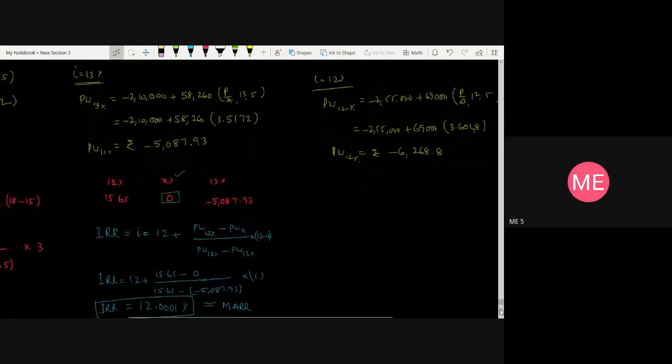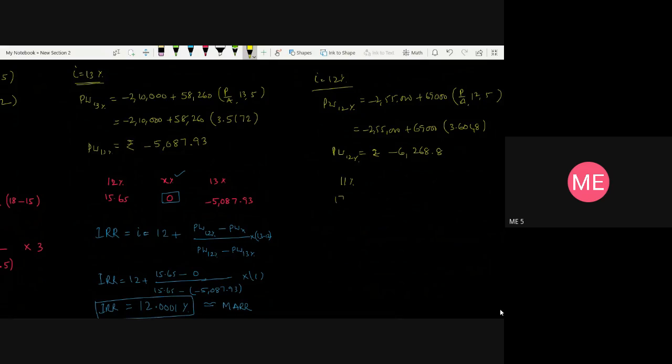So at 11%, we have got 17.1. At X%, we don't know what X is, the present worth is 0. And at 12%, we got minus 6,268.8. This means the present worth is 0 at some X%, which we need to find out.